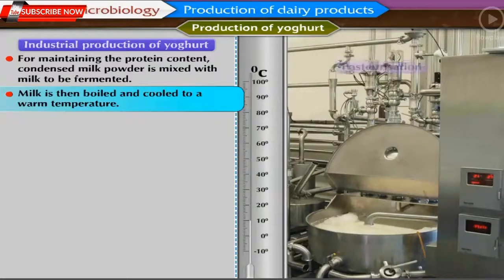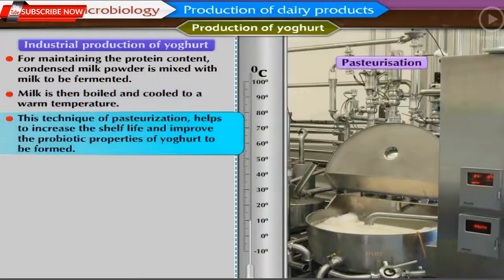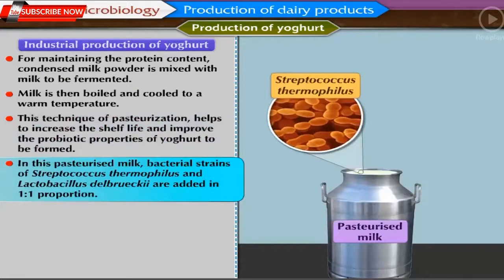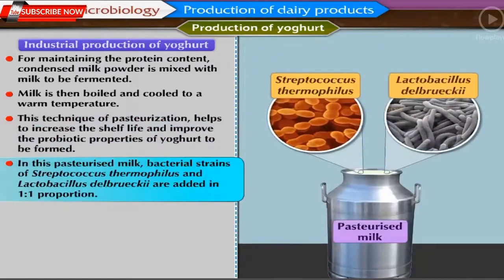This technique of pasteurization helps to increase the shelf life and improve the probiotic properties of yogurt to be formed. Then, in this pasteurized milk, bacterial strains of Streptococcus thermophilus and Lactobacillus delbrueckii are added in 1:1 proportion.